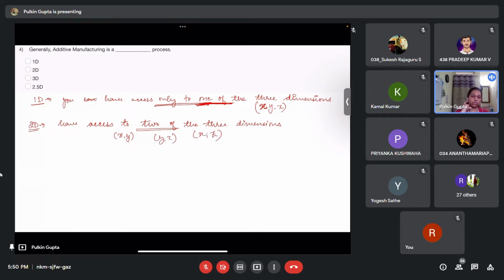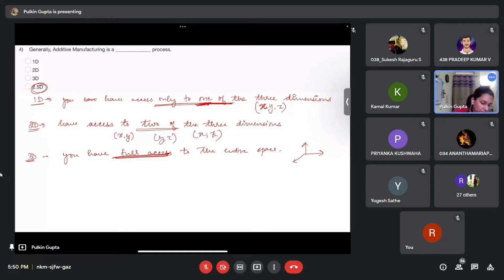These are the combinations that you can have. And in 3D, you have full access to the entire space. That means you can travel along all three axes in the entire coordinate system. Now, what is this 2.5D?